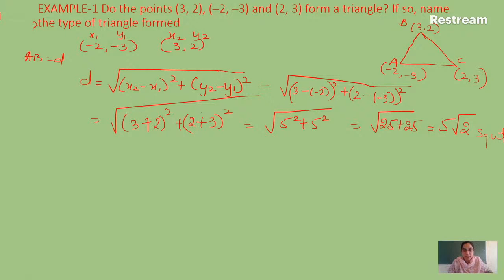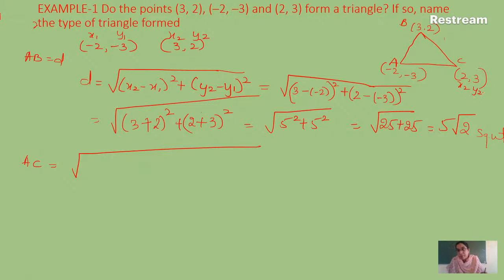This is the first distance. Next one, if you go for the next one, here it is. If I take AC is equal to root of (x2 minus x1) whole square plus (y2 minus y1) whole square, I will take x1, y1 same, and x2, y2 we will take as 2 and 3.